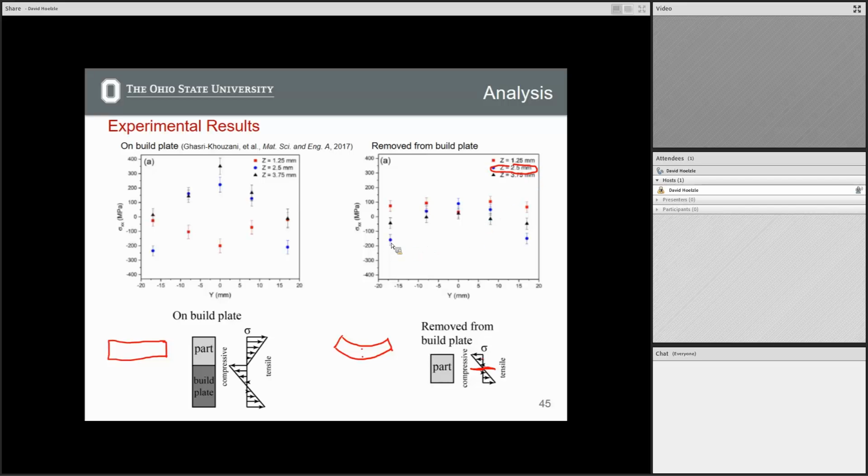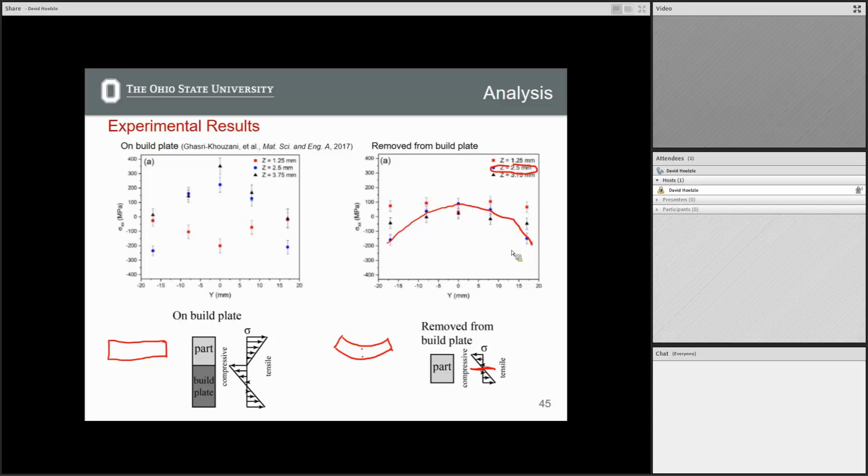We have some areas that have negative or compressive residual stress, and we have some that are positive. So on average, the center is approximately this zero stress plane. It's not a plane, it's more like a manifold. It's a little more complicated than the beam bending problem, because it's experimental data, but it's a good approximation. Okay. Does that make sense of the balance that has to happen here?